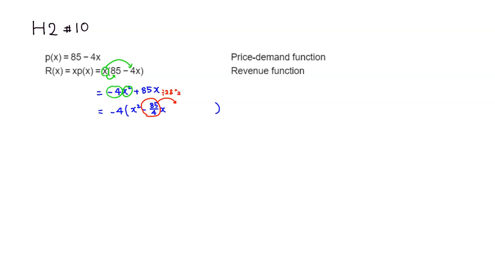If you divide 85 over 4 by 2, it's going to be negative 85 over 8, and then you have to square that. Sorry, I want to use a different color. I'm going to use red here. So I'm going to add, to complete the square, negative 85 over 8 squared.